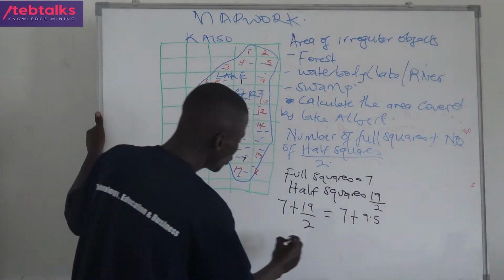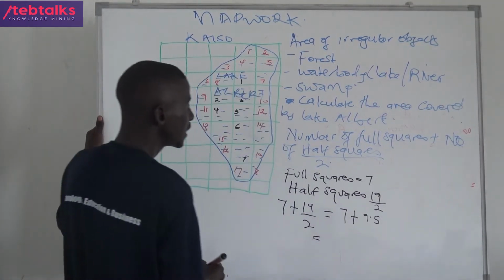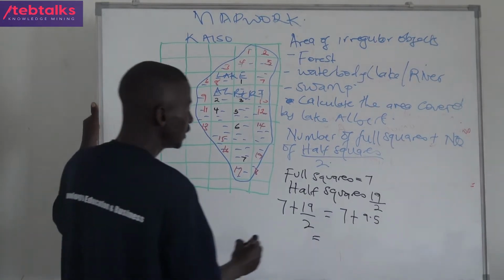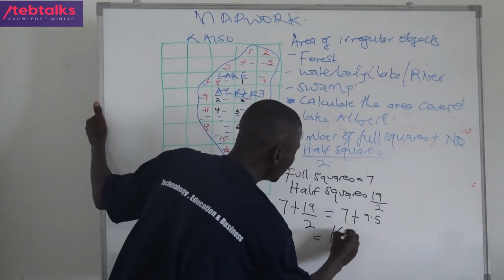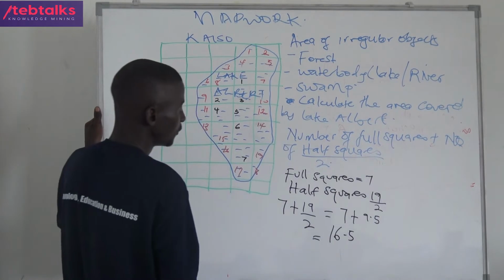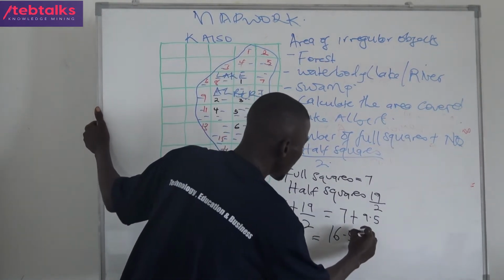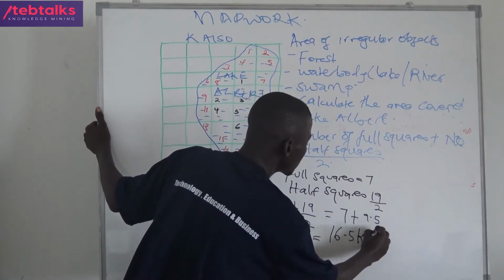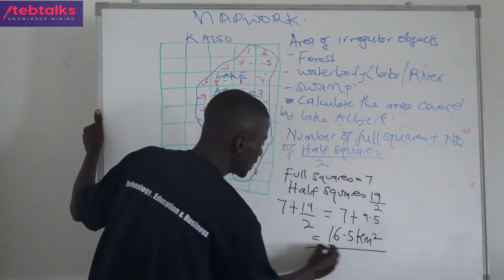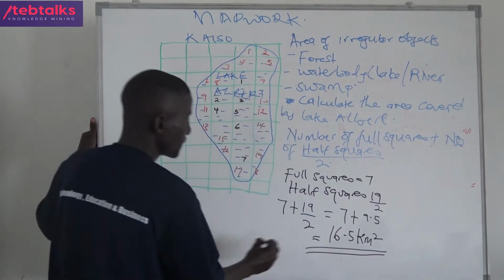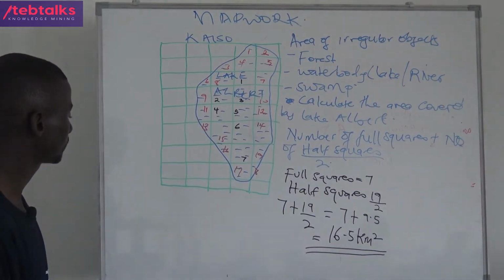So the total is 7 plus 9.5, which is 16.5. State your answer in kilometers squared. That becomes your answer.